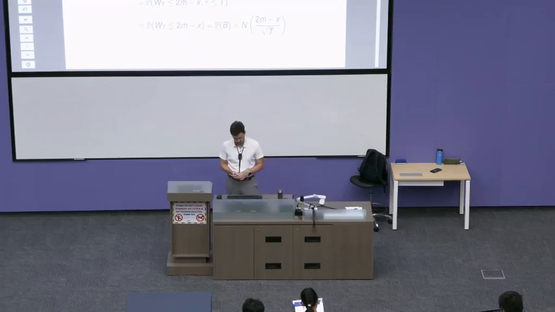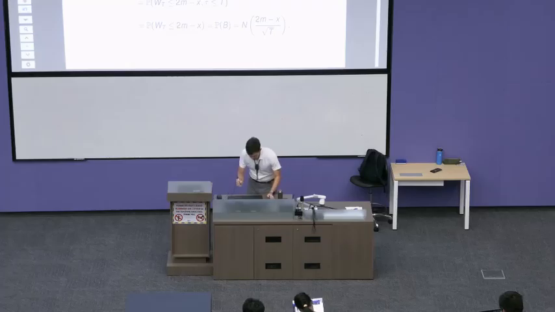Exactly the same condition. I'm not doing anything. And here what I'm doing is I'm just switching to the reflected Brownian motion again. So I'm just saying this is the same probability as the tilde Brownian motion being greater or equal than x whenever tau is smaller or equal than t.